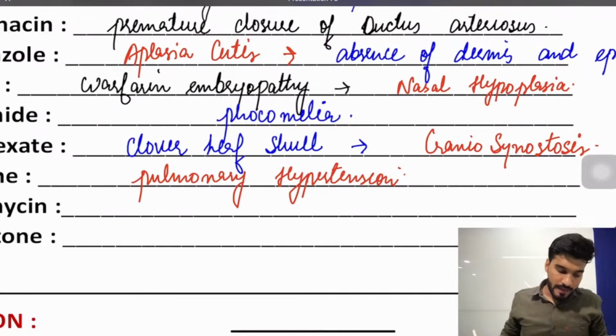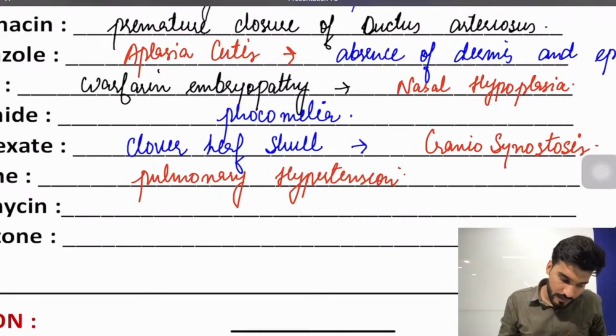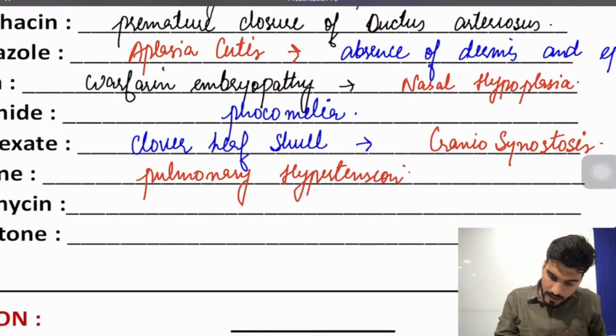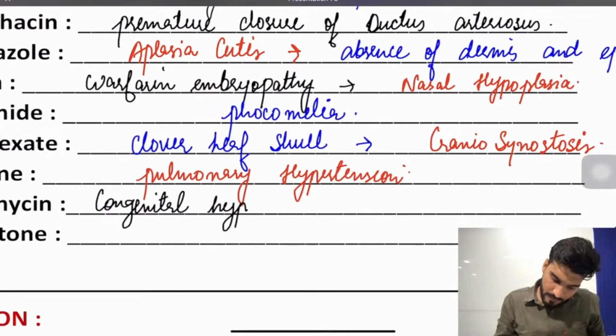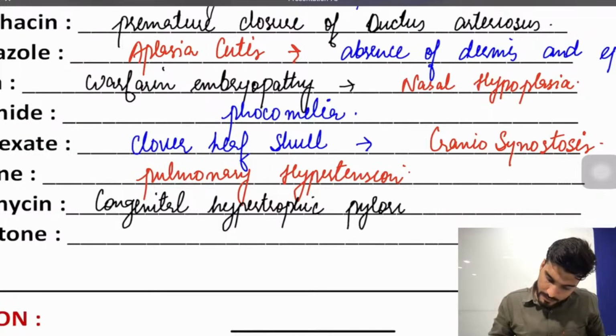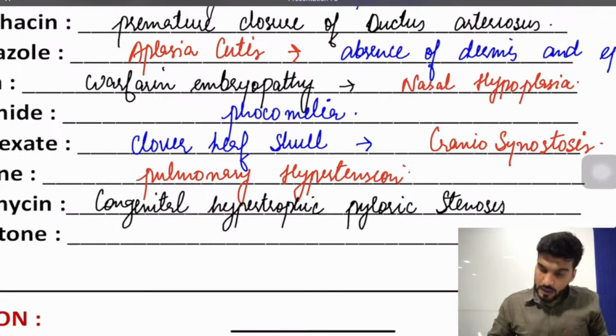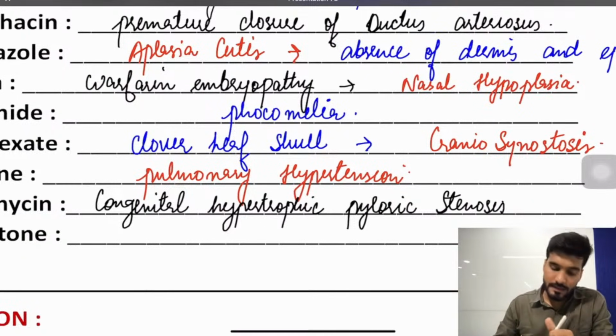Is that clear? Then next one is going to be erythromycin. Erythromycin will cause CHPS, congenital hypertrophic pyloric stenosis. So CHPS is a classical side effect of which drug?